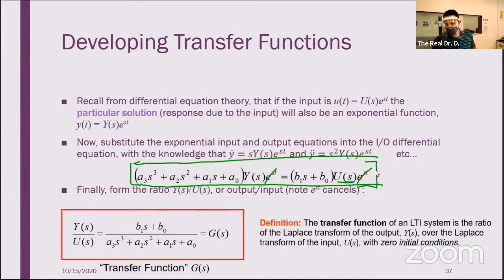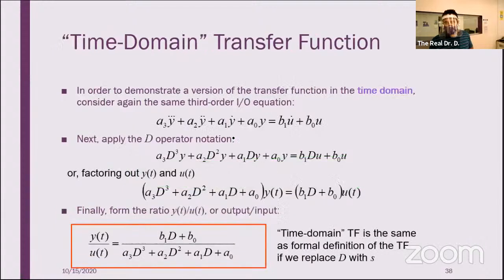It's a good question. Turns out that we can develop a time domain transfer function. When we make it, we do a similar operation, except there are fewer moving parts and we don't need a Laplace transform. We're going to take that D operator. I'm going to start with our equation here on the top and plug in our D operator for all of our differentials. So I get A3 D cubed times Y plus A2 D squared times Y, all the way down.